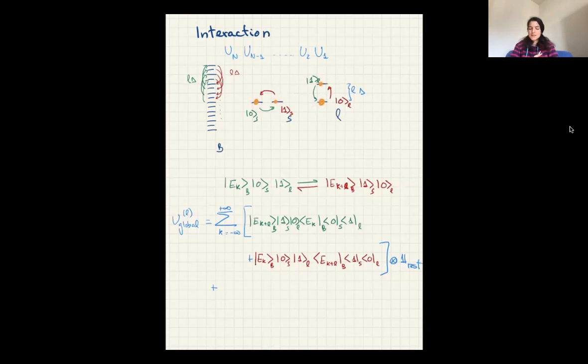In that case, I don't want to do anything. So this would be identity on the battery, do nothing, times 0, 0 on S and L. Also, don't change them. And if it's 1, 1, also don't change them.